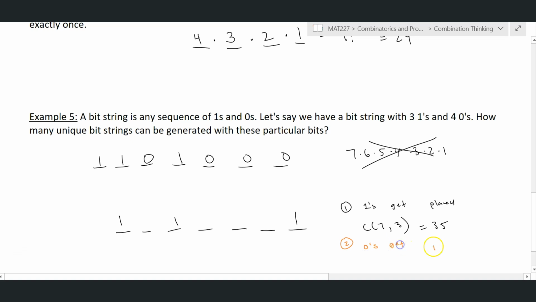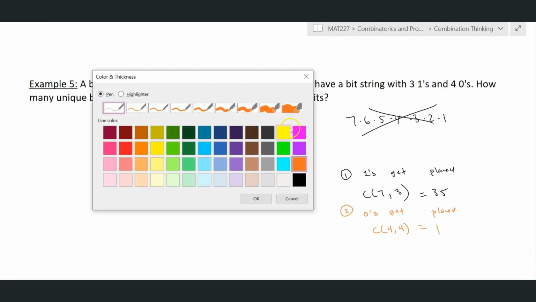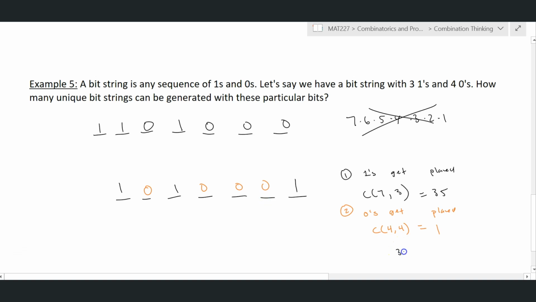Well, there's 4 0s and there's 4 slots, and the 4 0s are all the same, so there's only one way to do that. And the math will justify it. There are 4 slots. Pick 4 of those slots, and there is one way to do that. So when you multiply 35 by 1, you get 35 bit strings.